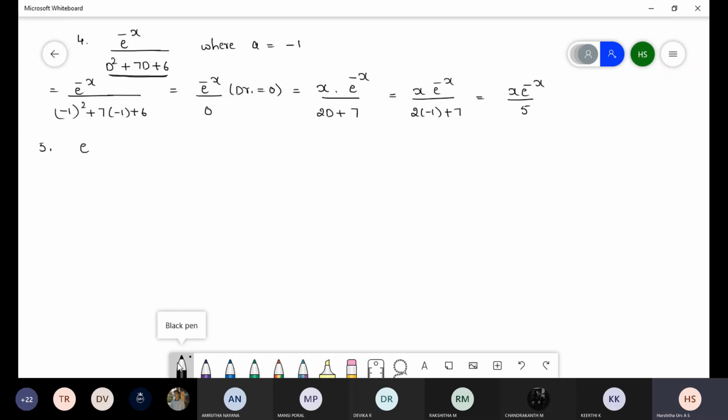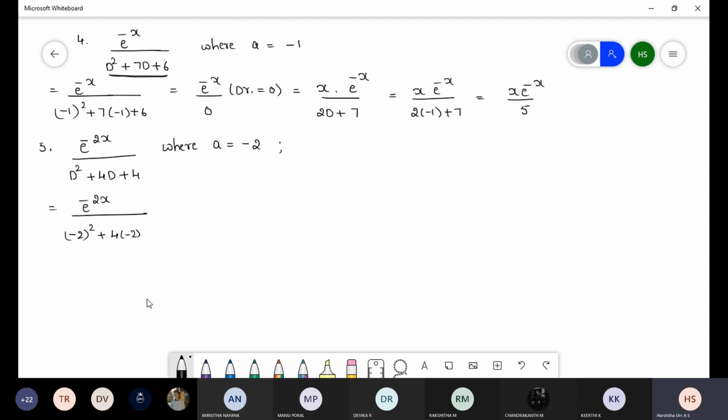Next, fifth one, e power minus 2x divided by d square plus 4d plus 4. What is our a value here? a is equal to minus 2. So e power minus 2x divided by minus 2 whole square plus 4 into minus 2 plus 4.